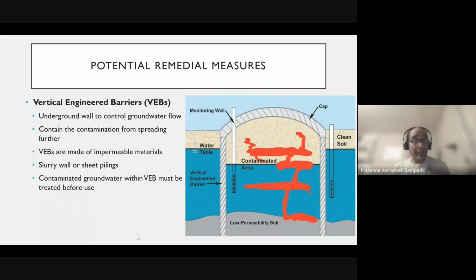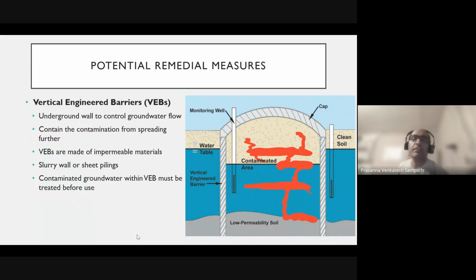Now this one, I wouldn't say it's a cleanup method. It is more of a containment method, right? Rather than allowing the contaminant to spread, you just try to contain it by saying, let us build an impervious barrier to this contaminant, so that it doesn't spread beyond a certain region, right?